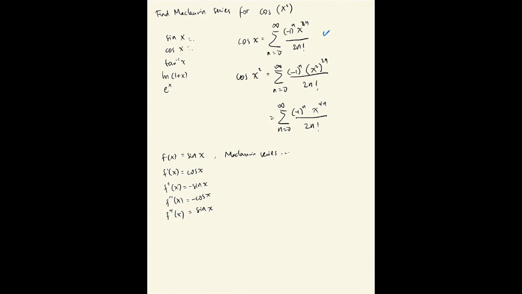So the fourth derivative will be back to the original, and the fifth is similar to the first one, then 6, 7, and 8, and it repeats all over, right? For Maclaurin, a is 0, so f of 0 is 0.